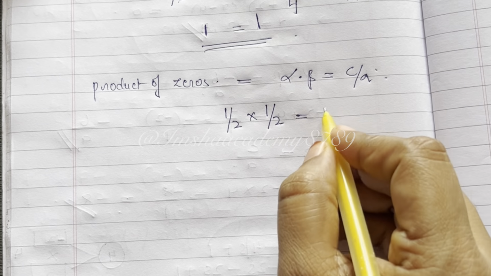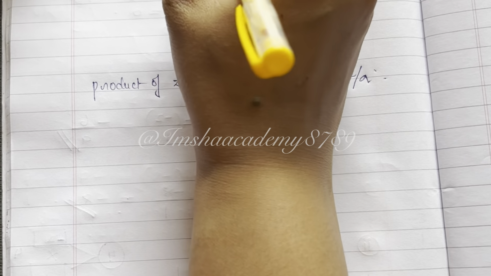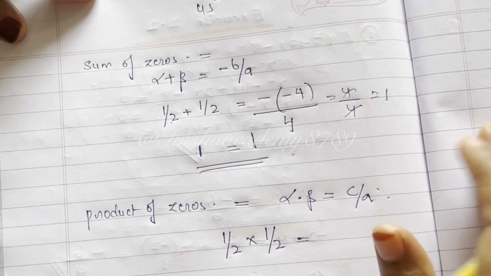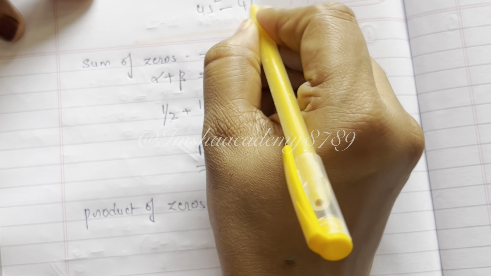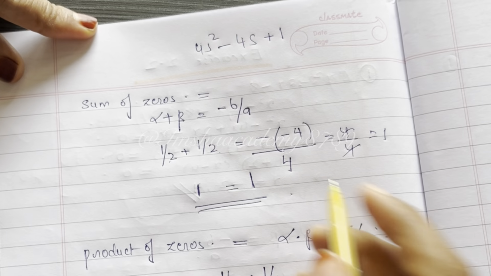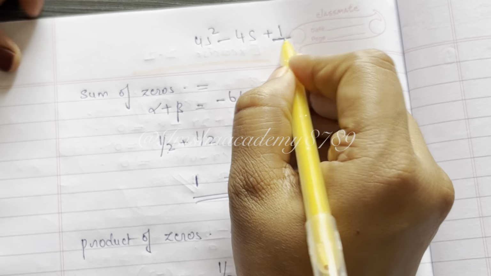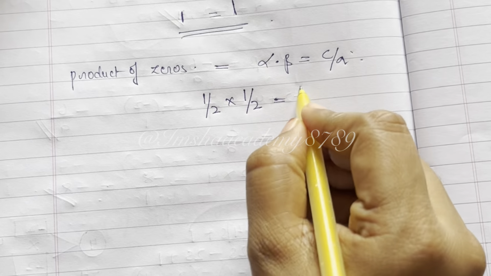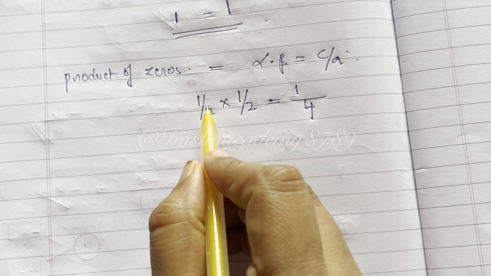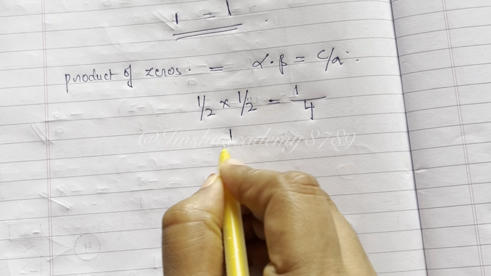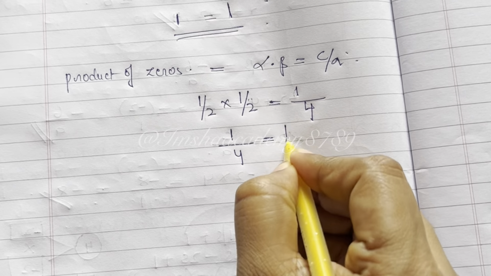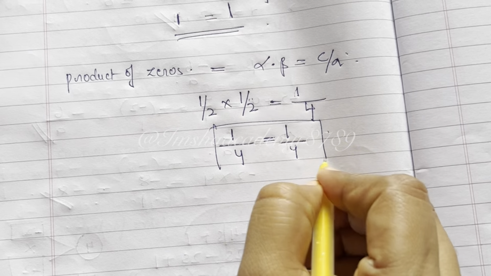In 4s square minus 4s plus 1, what is the c value? 1. Right? So 1 by a value, which is 4, is 1 by 4. When we multiply, here also we get 1 by 4. That is, 1 by 4 is equal to 1 by 4.